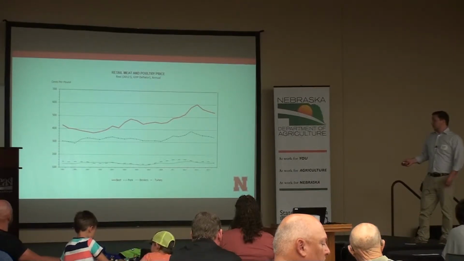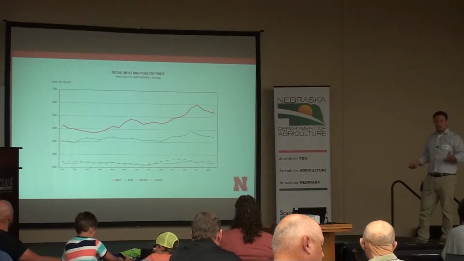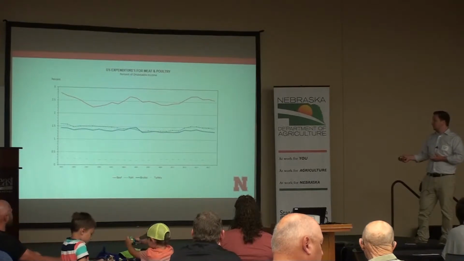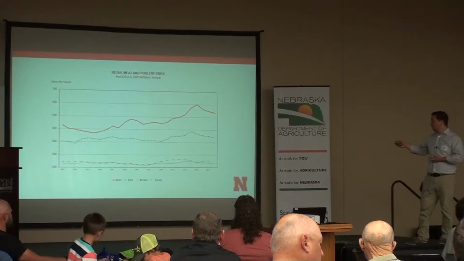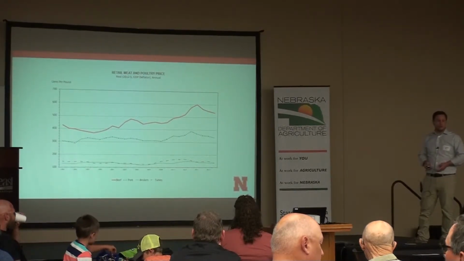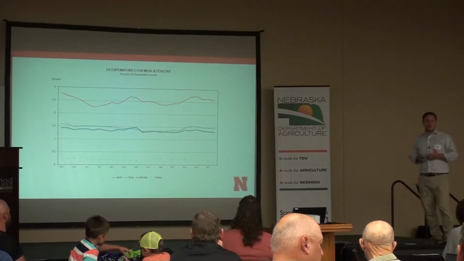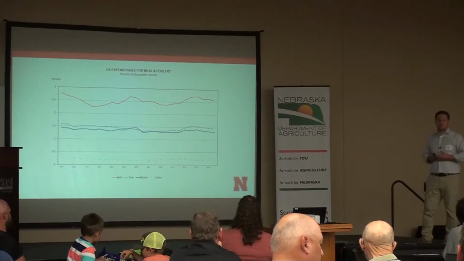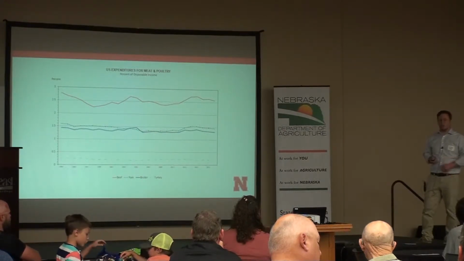A lot of you are familiar with these prices over time, but they're trending upward. But people continually spend about the same amount of their disposable income. So even though prices are creeping up a little bit, the amount of money that's coming out of the U.S. consumer's pocket each year, each month, each time they go to the grocery store, is staying pretty much the same across all the meat products.